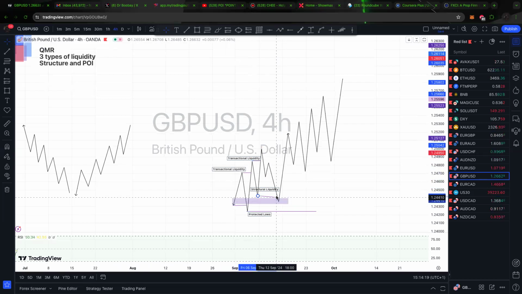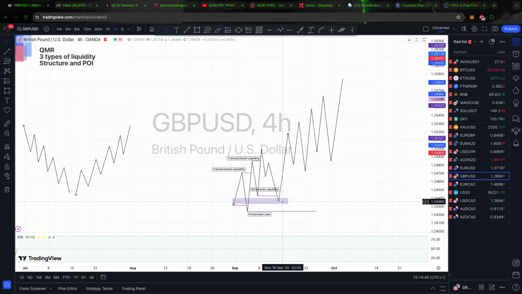Now, why are you picking your entry off this place? Because for a bullish scenario, most times there will be a bearish candle before it pushed to the upside that came to sweep this place. That last bearish candle before the bullish move that caused this sweep is where we normally pick as our passive model for our entry.